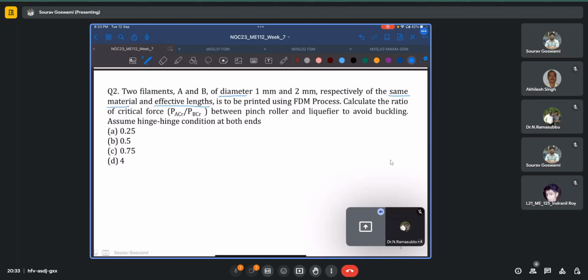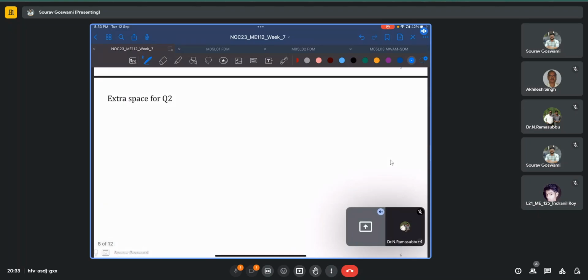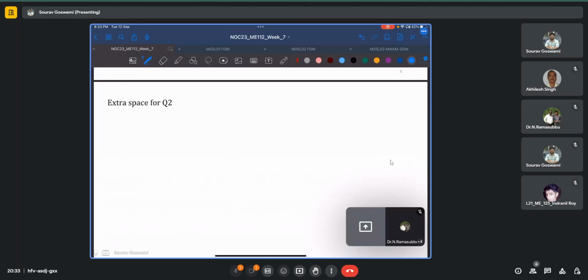So we have to calculate the ratio of the critical forces which would be needed for both the filaments, if I assume that the hinge condition exists. So again, if we just quickly recall the formula for calculating this critical buckling load using an Eulerian assumption, it was actually equal to 1.1, which is a compensation factor, times pi square E DF square by 16 LF square.